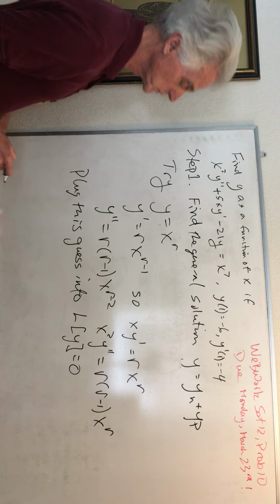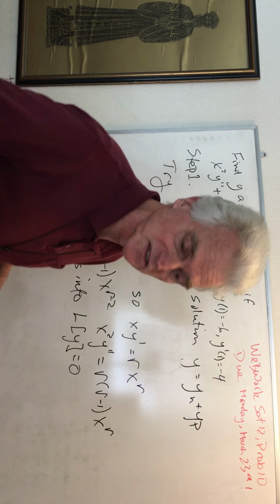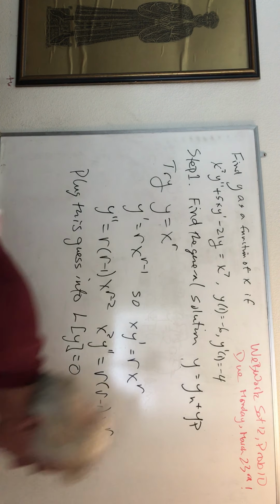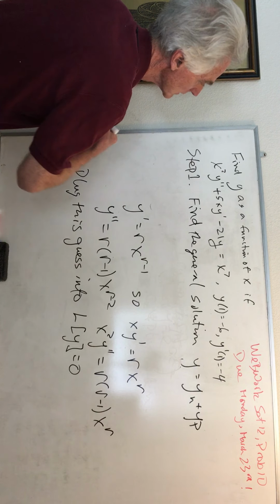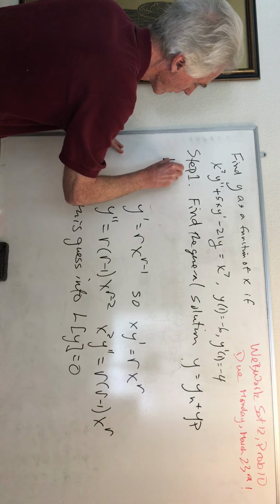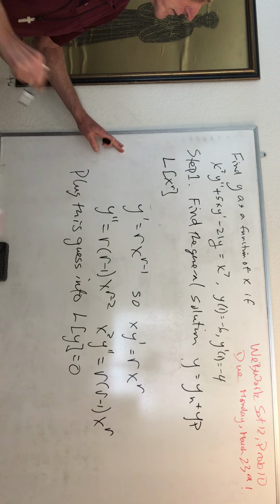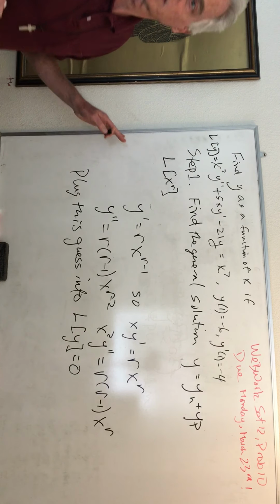To find yh, we do this. So let's actually simplify what L on x to the r is. L is this whole left-hand side, so Ly is that left-hand side.